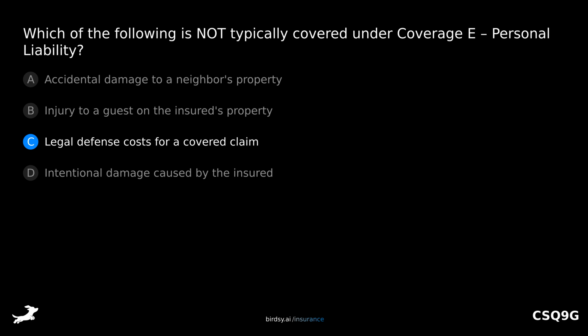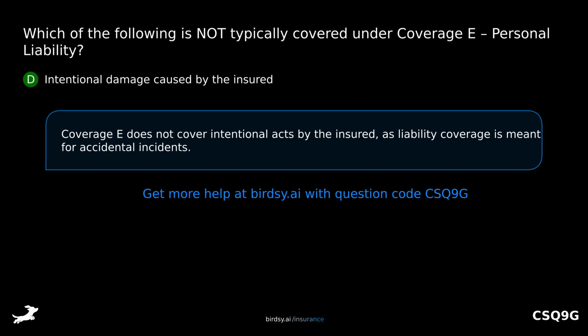C, legal defense costs for a covered claim? Or D, intentional damage caused by the insured? The answer is D, intentional damage caused by the insured. Coverage E does not cover intentional acts by the insured, as liability coverage is meant for accidental incidents.